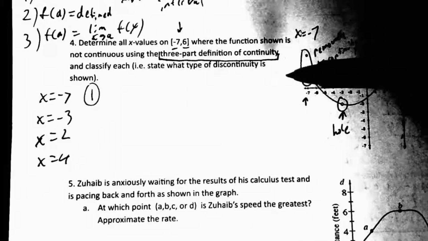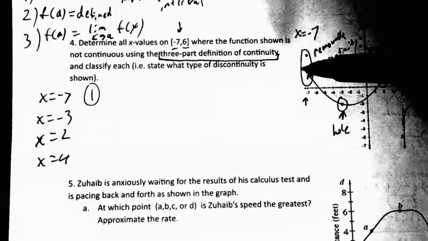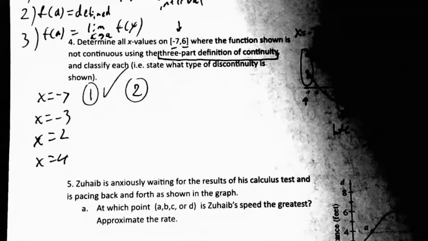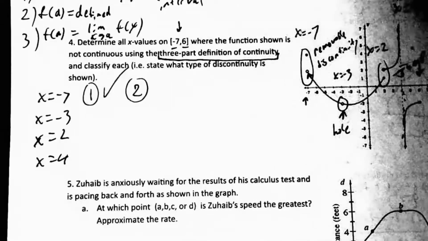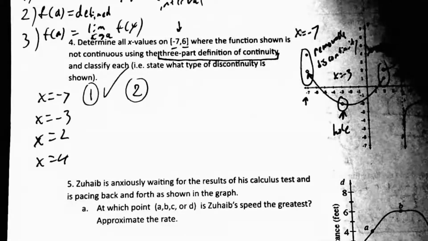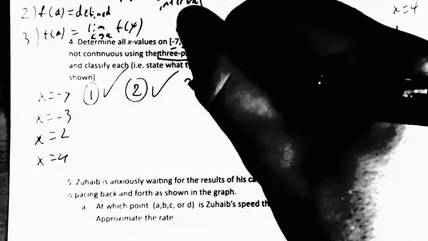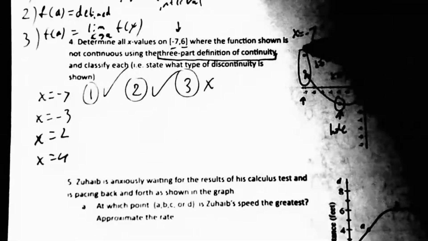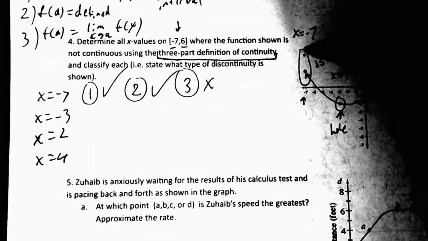If it's not defined on the left, like there's nothing on the left and it only approaches from the right, we're fine at 1. Okay. 2, is it defined? Yes, it is defined here. When I plug in -7, it looks like 4. So that's fine. We are defined. And then 3, does it equal? No, that's where we fail, right? Where the output does not equal the limit.